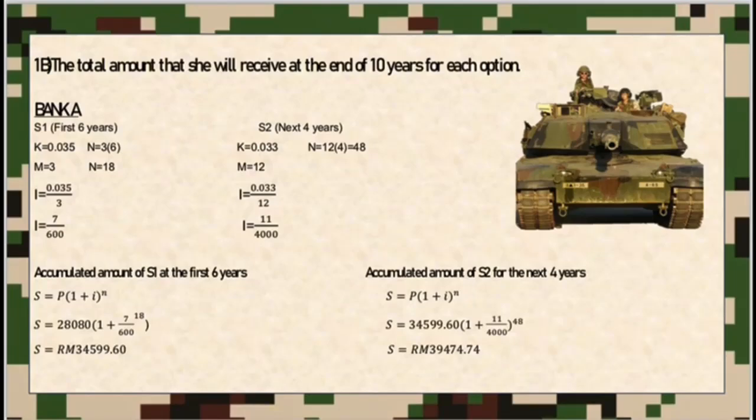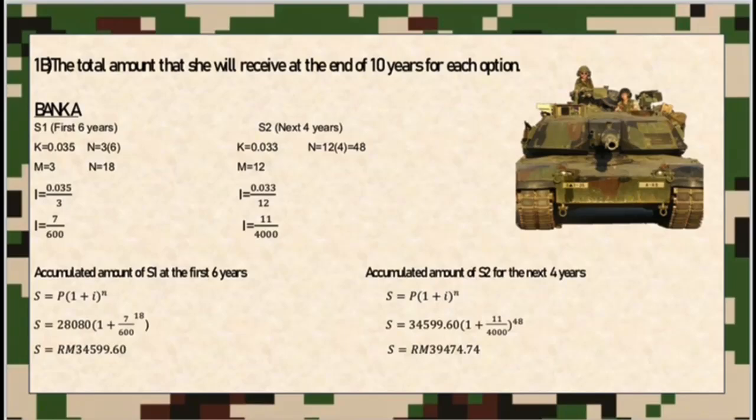Next, we look for the next 4 years. We do the same thing, which is we list down the information that we need, which is K equals to 0.033, N is 48, M is 12, and I is 11 over 4,000. And then after that, we find the accumulated amount of S2 for the next 4 years.